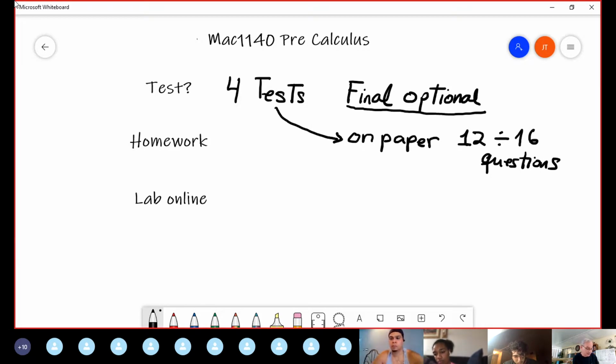September 24 is Thursday. So you have the entire weekend for doing this. Friday 25, Saturday 26, Sunday 27, Monday 28, and Tuesday 29 is the due date for the test. So you have time. It's no big deal.